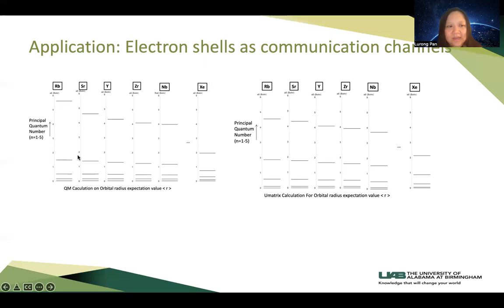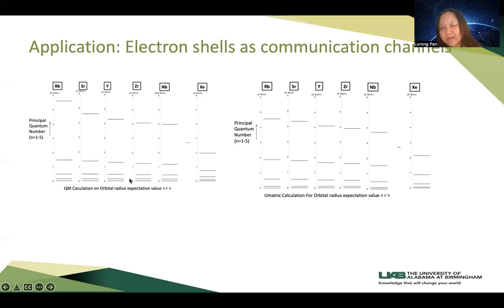And here we get the QM calculated orbital radius, and this is the U matrix calculation. Both calculations agree pretty well by leveraging this theory.